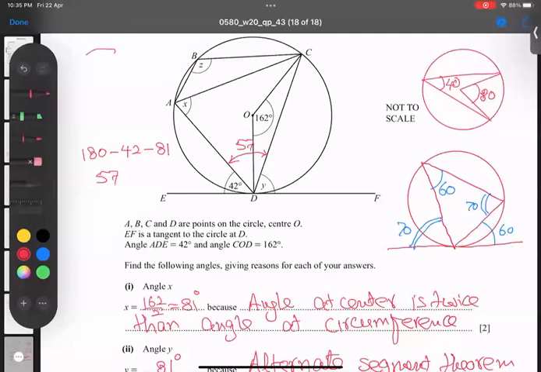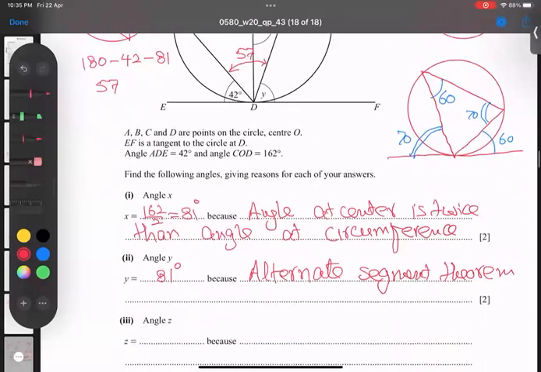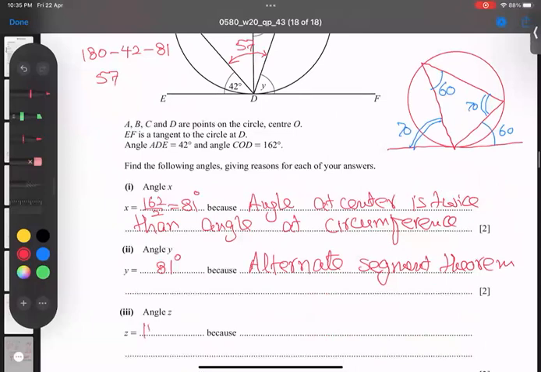And the property I'm writing here for you. If this is 57, how much this? So naturally 180 minus 57. So that's it. I can write it now here. 180 minus 57 equals to 123.